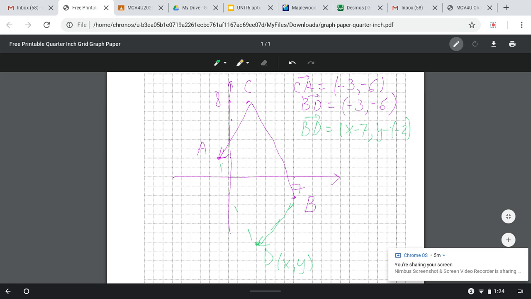Why? Because D is the head and B is the tail.